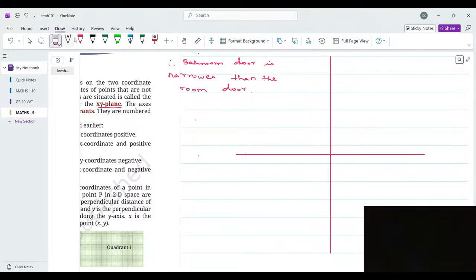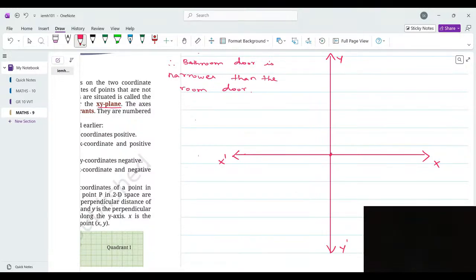So I'm marking the two axes, the x-axis and y-axis. Let me name them X dash and Y dash.